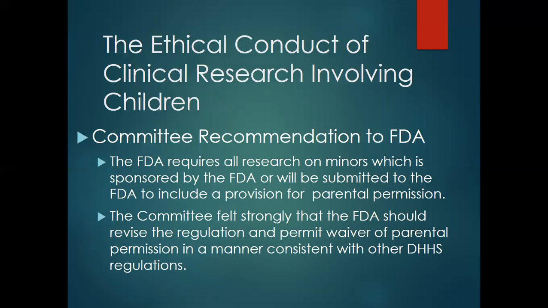So the committee recommended to the FDA that research on minors, sponsored by the FDA, will be submitted to the FDA for parental permission. So in other words, you have to have some type of a provision for parental permission. And they felt that they needed to revise the regulation and permit waivers, which we've talked about, but we haven't talked specifically about waivers for parental permission consistent with other Department of Health and Human Services regulations.